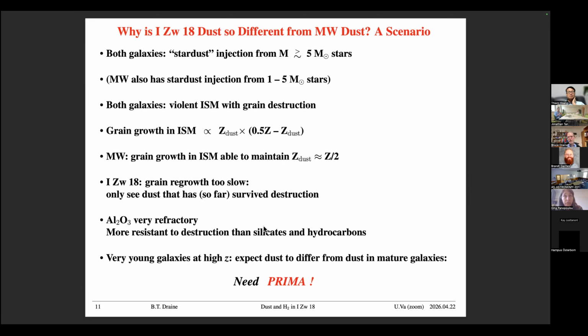But I don't think the results would have changed in terms of the quality of the fit. The temperatures would be a little bit different. If I'd used a nu to the 1.5 opacity, then the temperatures would have been slightly lower: the 50 might have changed to 45 and the 120 might have changed to 110. So I don't think we could say. The nu squared was just a proxy.